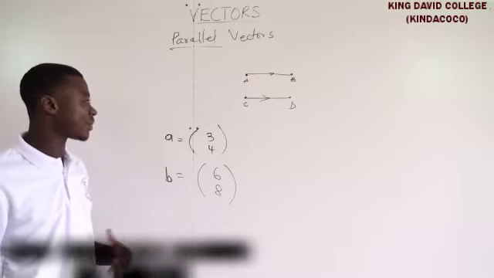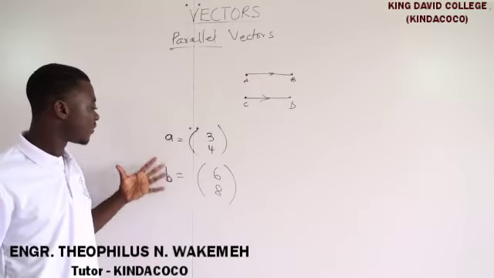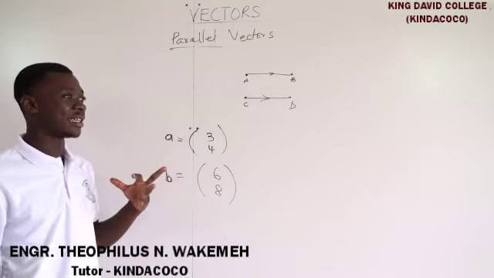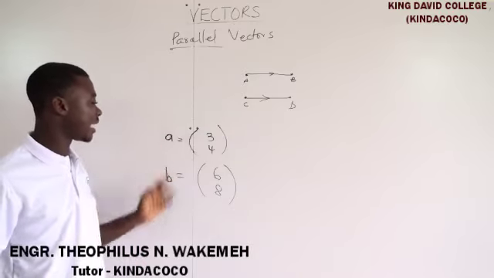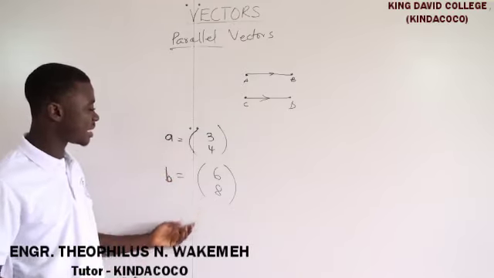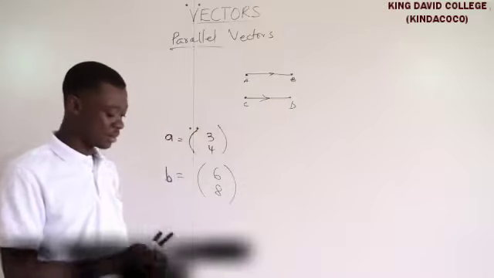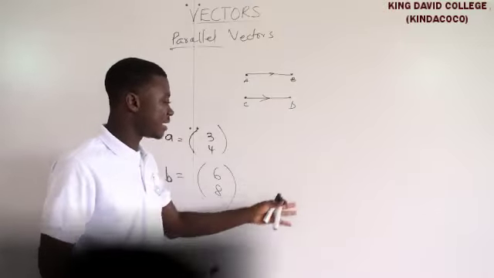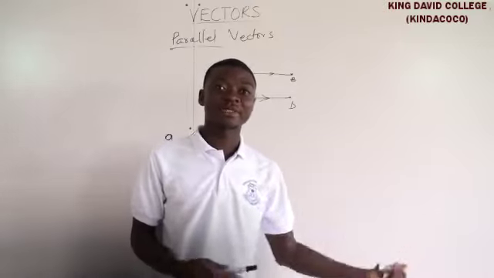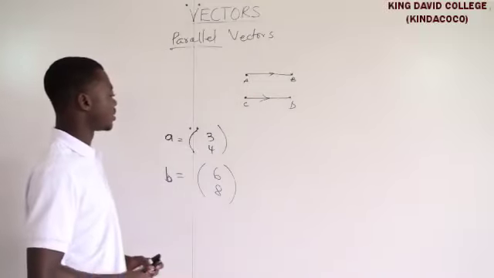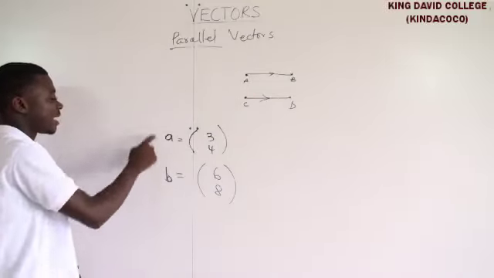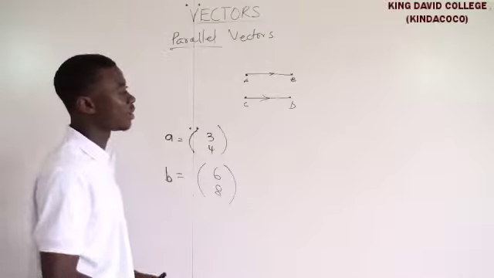Let's say they ask you: which of the following are in parallel with vector A? Maybe A, 6, 8; B, 7, 4; D, like that, objective. Normally these are objective questions. So how do we identify if two vectors are in parallel?